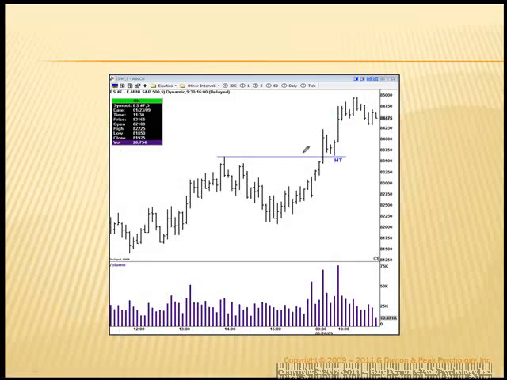Here, again, jump across the creek, right? When we come back to test it. Now, notice that the volume doesn't really recede here. It's a little bit higher. But look at this beautiful hidden test. We drop underneath. And why do we call it a hidden test?